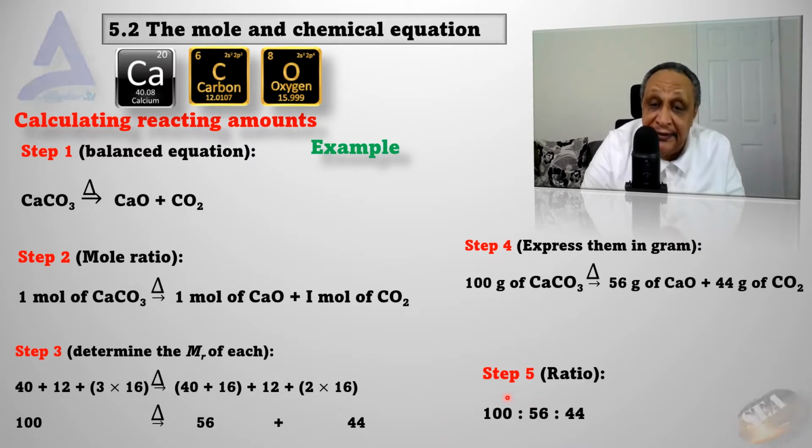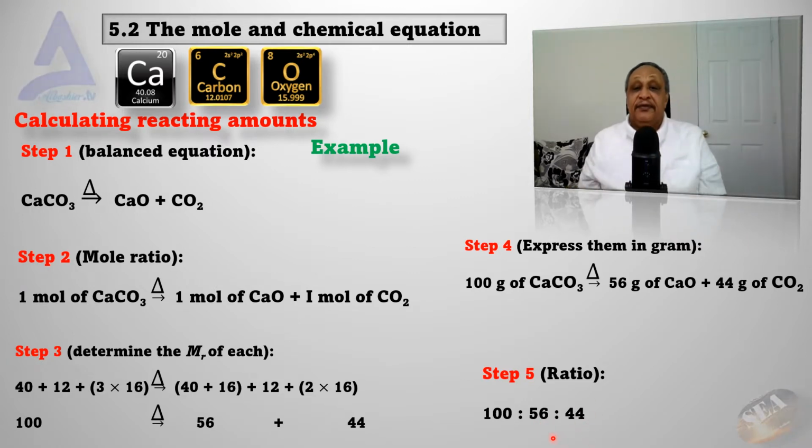And then step 5 is to determine the ratio, which is 100 for this one, 56 for calcium oxide, and 44 for carbon dioxide.